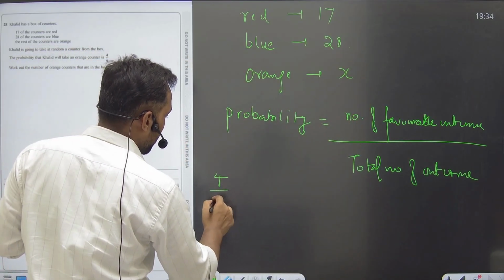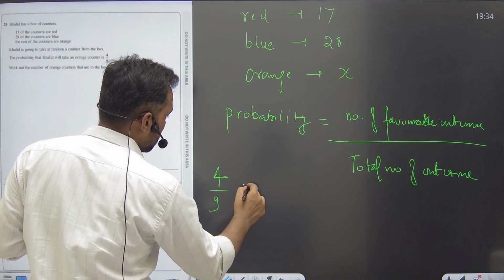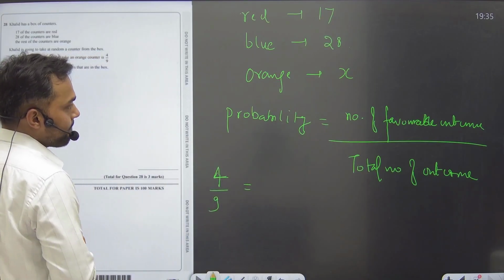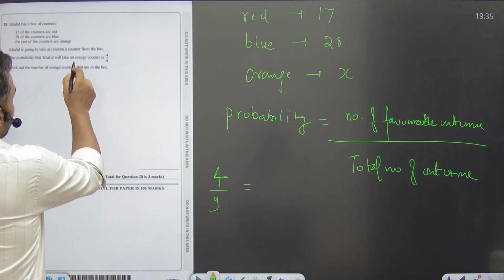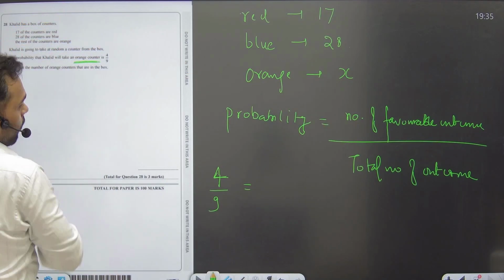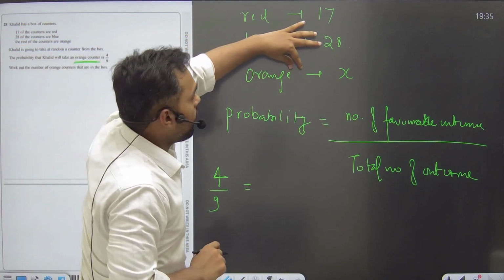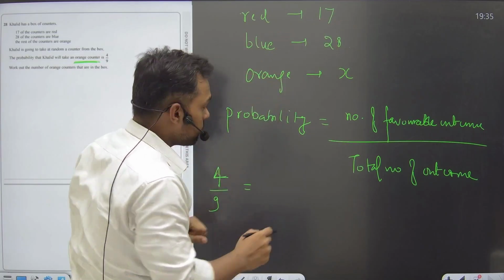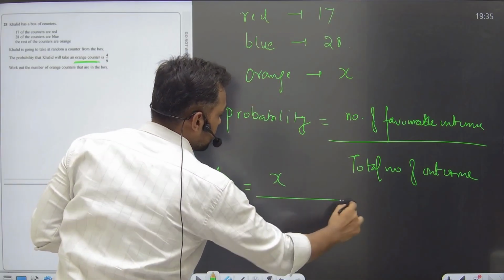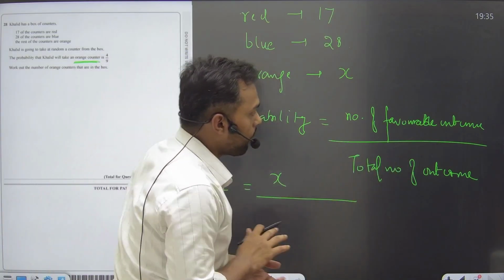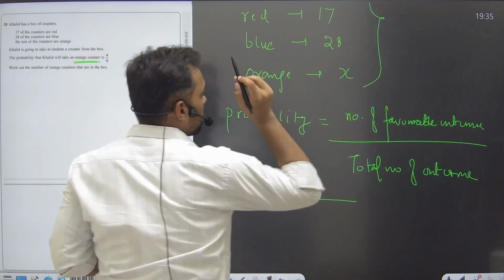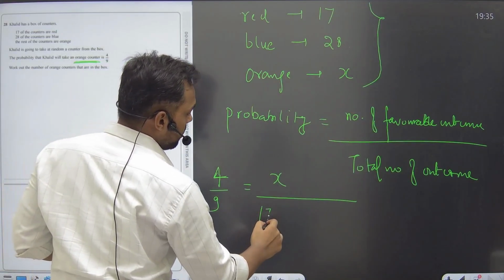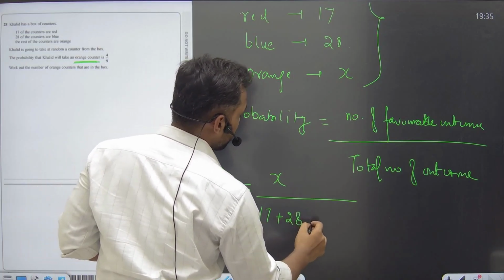So 4 by 9 equals number of favorable outcomes. Here the probability is of orange counter, which we have taken as x, so this will be x upon the total number of outcomes, that will be 17 plus 28 plus x.